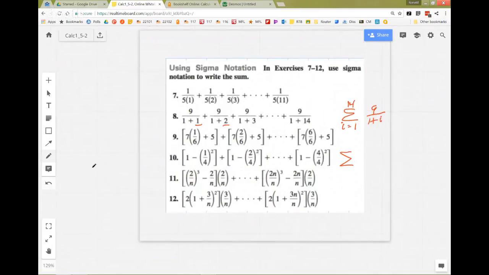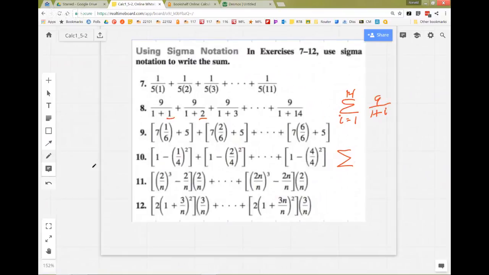Okay, what's the same and what's being repeated? Well, in all the cases, we have a bracket, and we have 1 minus. All right, and then what's changing is the numerator of that fraction over 4.